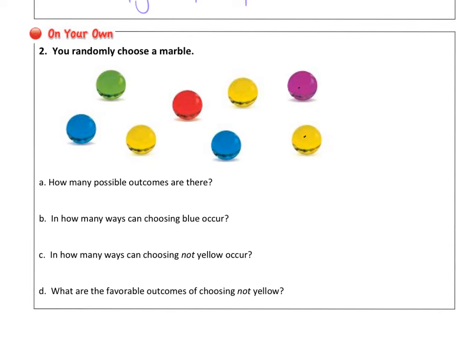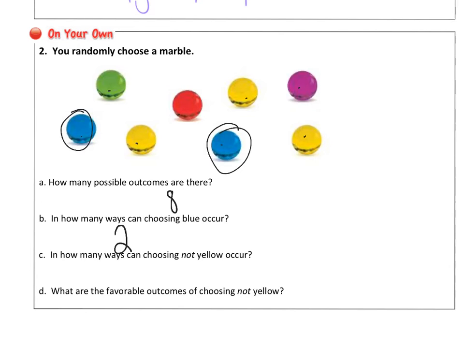We have 1, 2, 3, 4, 5, 6, 7, 8. So there are 8 possible outcomes. Next, in how many ways can choosing blue occur? Well, there are 2 blue marbles, so there are 2 ways that choosing blue could occur.